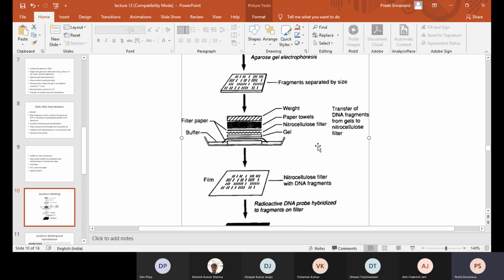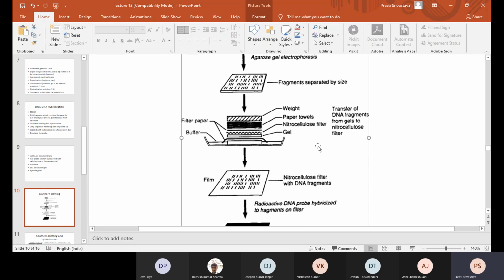But the transfer using the electrotransfer method is efficient, people say, yet capillary transfer is preferred for multiple reasons. Even though they claim that electrotransfer is efficient, the only problem is that when we do electrotransfer, a lot of heat is generated, and heat is not good for any of our biological macromolecules, whether it's DNA, RNA, or protein.